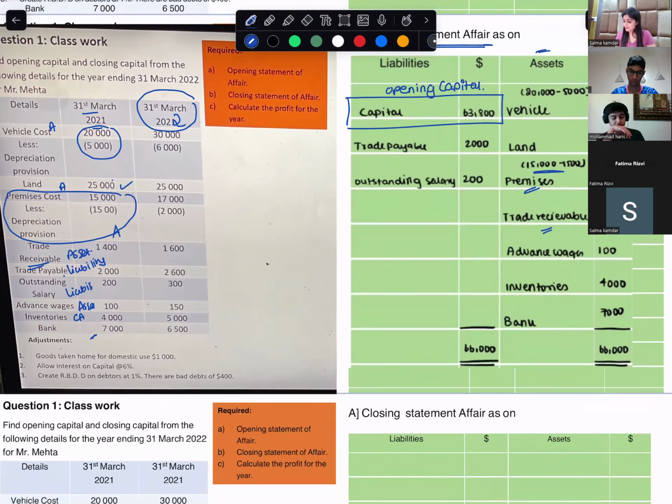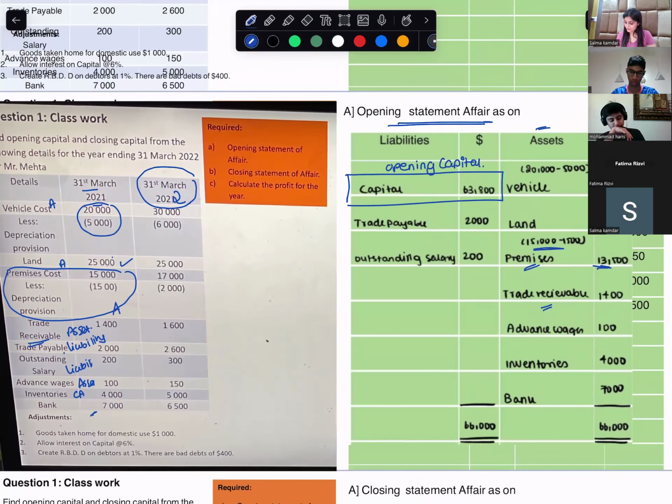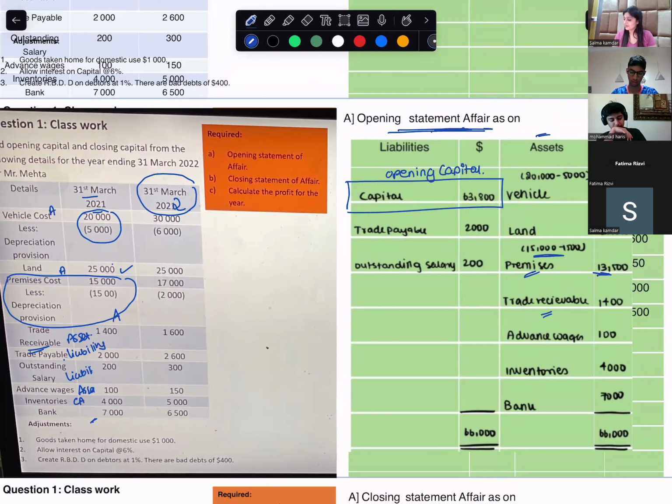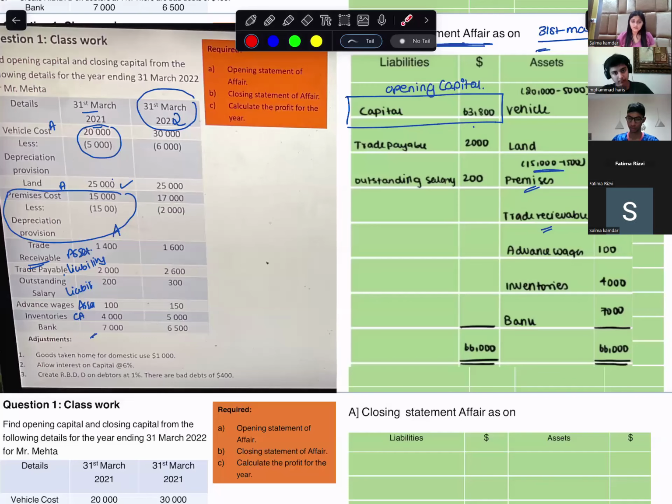Okay, so I have to prepare the opening statement of affairs to find out the opening capital. It would be on the 31st of March 2021. Please do it. We have got the opening statement of affairs, right? 63,800. Yes or no?